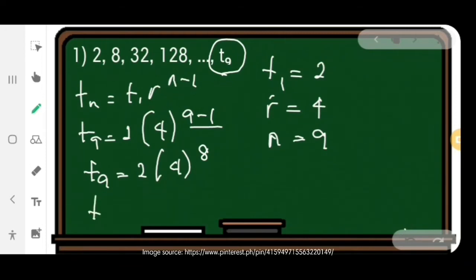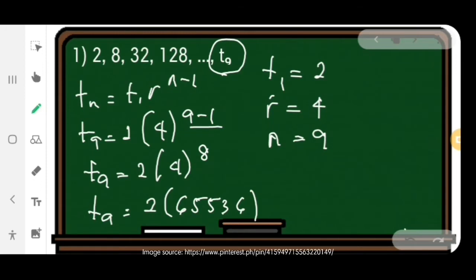Then we have t sub 9 is equal to, now between multiplication and exponent, we are going to get the power first. So 4 when raised to 8 is equal to 65,536.